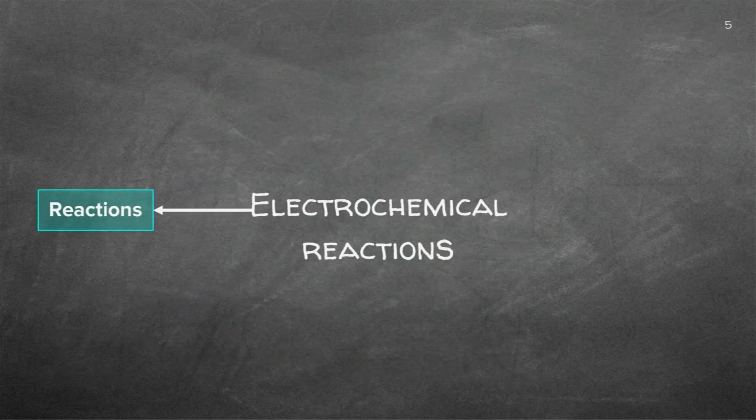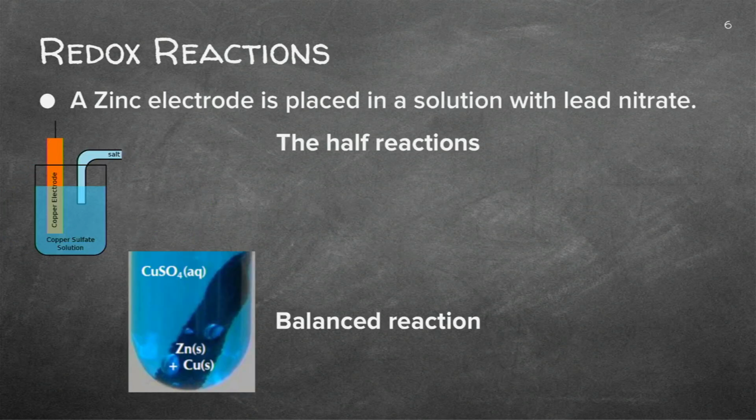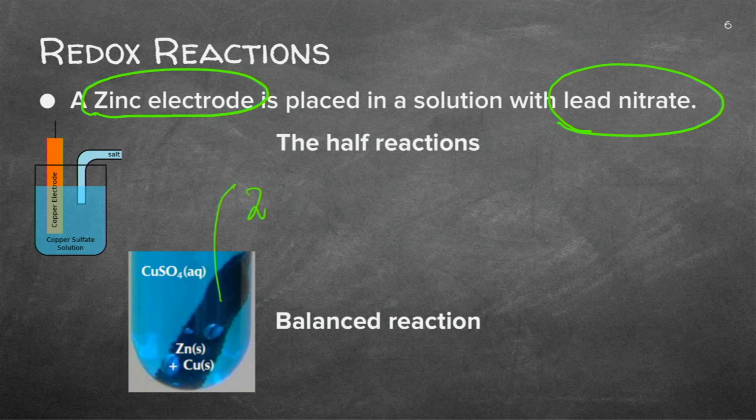We're going to have a look at the reactions in this specific electrochemical reaction side. Right, we're going to use a question which says a zinc electrode is placed in a solution with lead nitrate. So what I have here is a piece of zinc, and I've got lead nitrate.